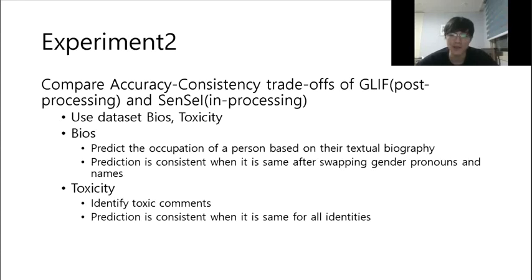In bias, we need to predict the occupation of a person based on their textual biography, and prediction is consistent when it is the same after swapping gender pronouns and names. In toxicity, we need to identify which is a toxic comment, and prediction is consistent when it is the same for all identities. And this identity is about who wrote the comments.